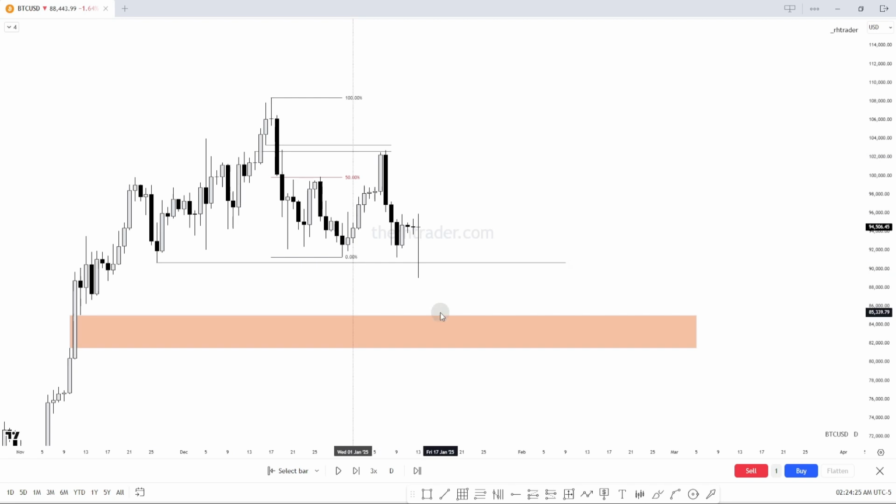So this is what I was looking for price to exactly take this liquidity point right here, which was the sell side liquidity, right? Once price did this, I was sure that it was not going to come down to this fair value gap. And for price to reach this level right here, which was the $108,000, which is my second call.